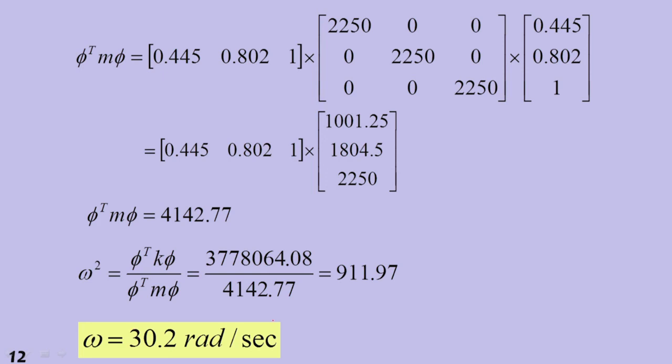So this is the first fundamental natural frequency using Rayleigh's method. You can observe that this value is almost near to the exact natural frequency from the previous class, because we have assumed the same mode shape. The mode shape given for the first fundamental natural frequency, we have used that, and because of that we are getting a value very near to the natural frequency.